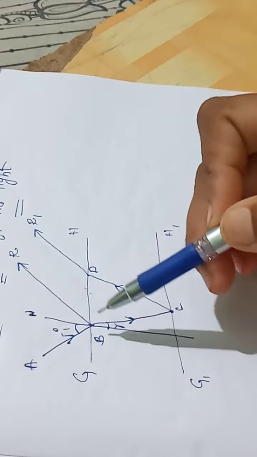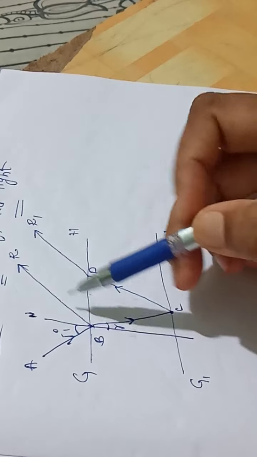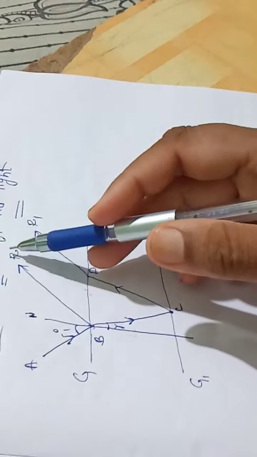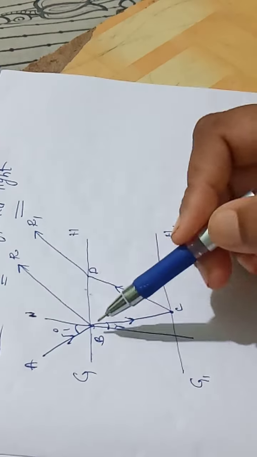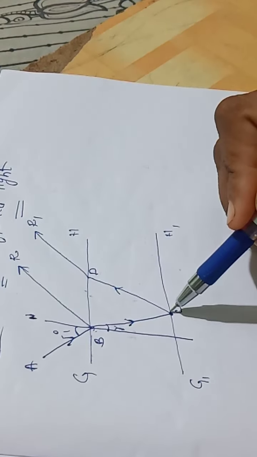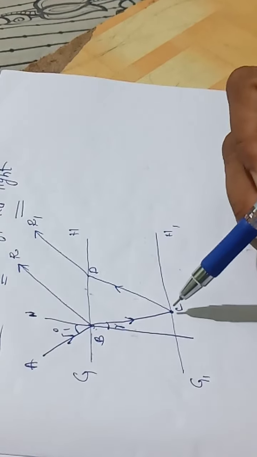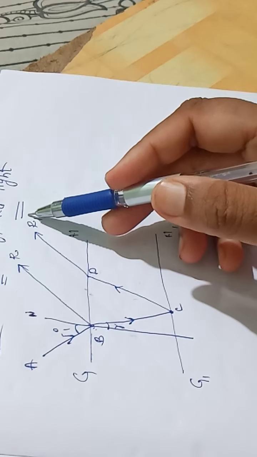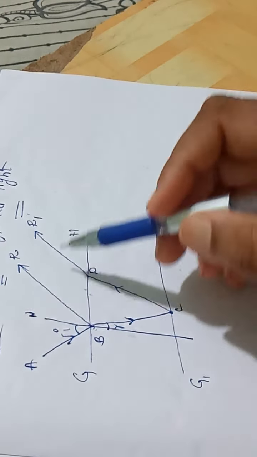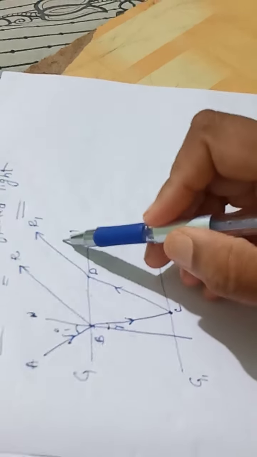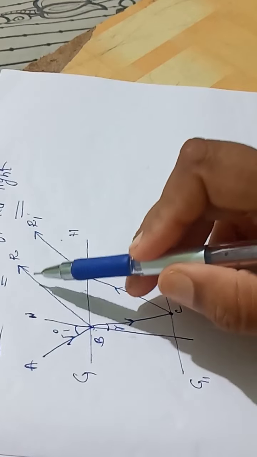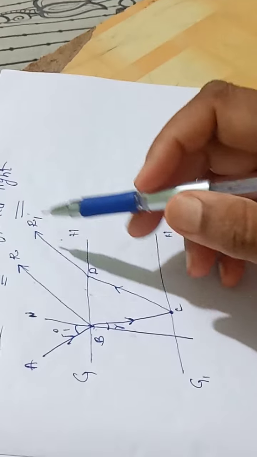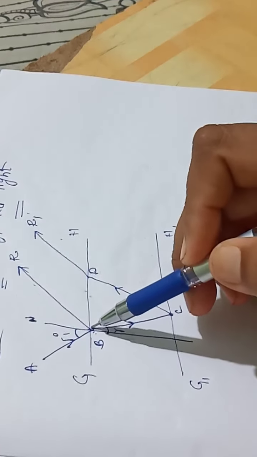Here you see at B, the ray has split into two parts. One is traveling along BR, the other ray entered the film, traveled a path BC plus CD and again came out as DR1. So these two rays, BR and DR1, are parallel to each other, and they originated from AB itself.